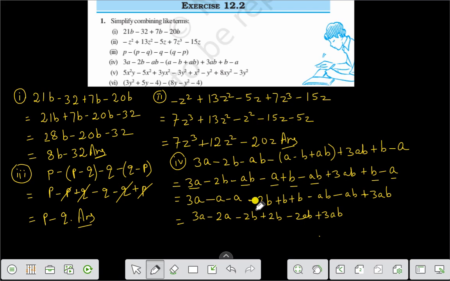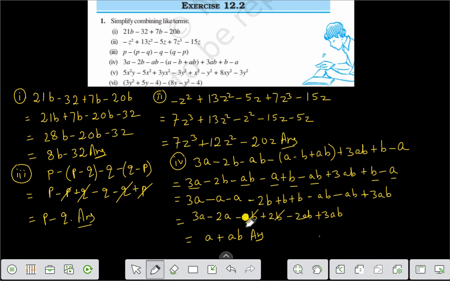Now here see, minus 2b plus 2b will cancel, you'll get 3a minus 2a is a, right? And minus 2ab plus 3ab means a plus ab. This is the answer of question number 4.